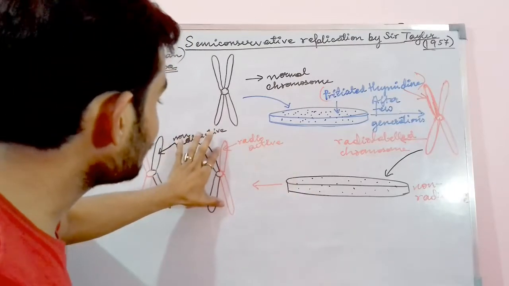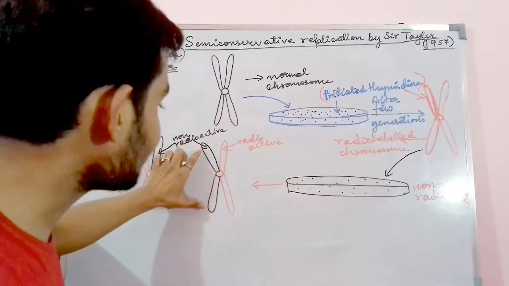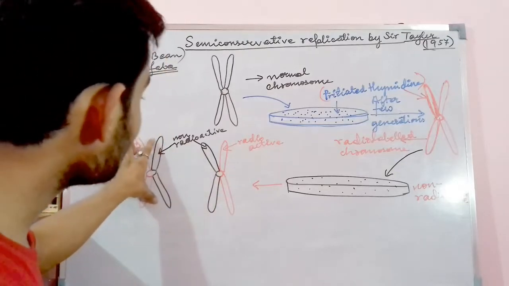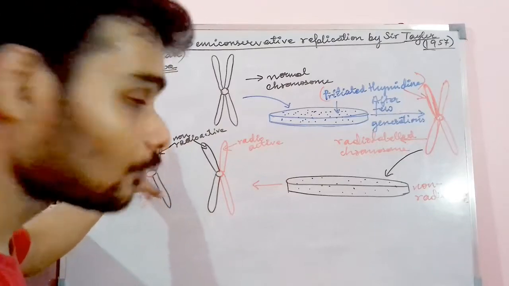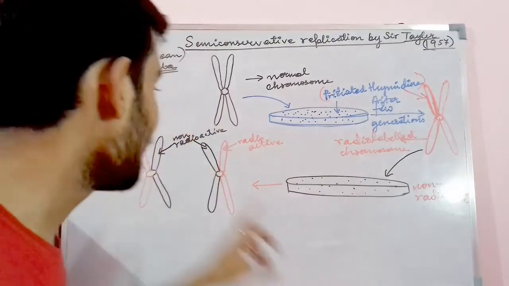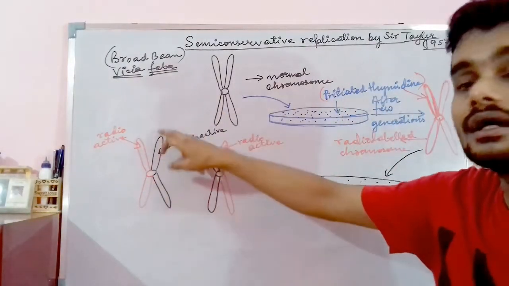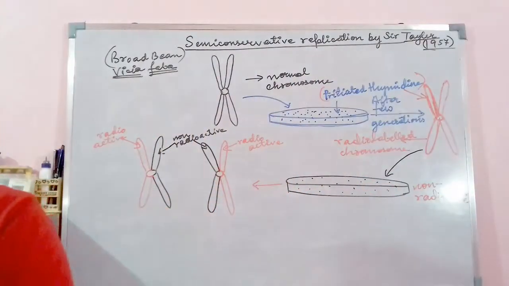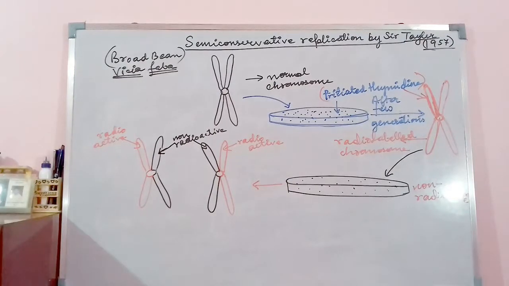Because one arm of the chromosome had entire radioactivity and the other half did not. Again, one chromosome is forming two chromosomes. In the other chromosome also, one arm was showing the radioactivity and the other chromatid or arm was not showing the radioactivity. Now, there was equal concentration. These two were presenting equal concentration.